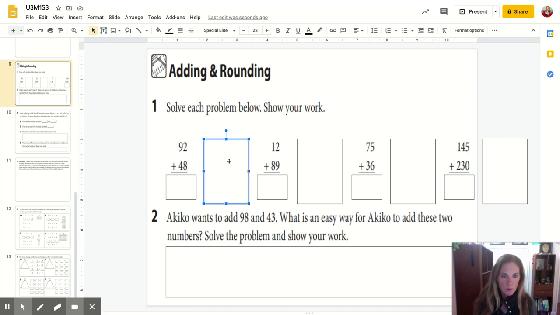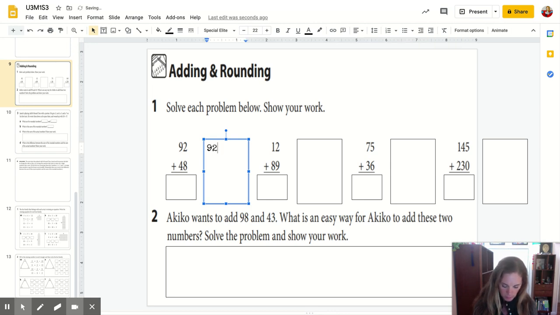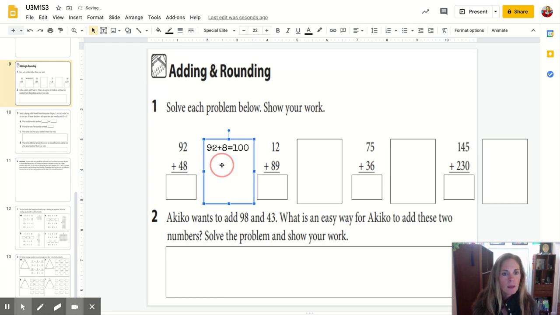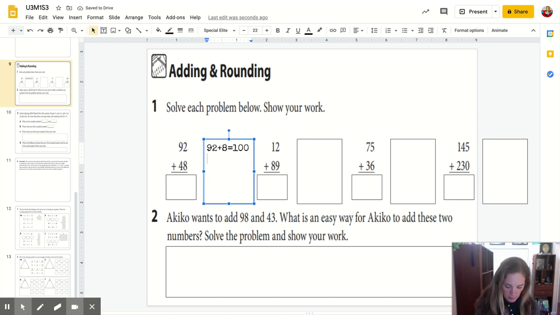92 plus 48 is the same as, I'm going to say 92 plus 8, which equals 100. I'm going to make that a little bit bigger. And 48, and since I took 8, I have to give 8.